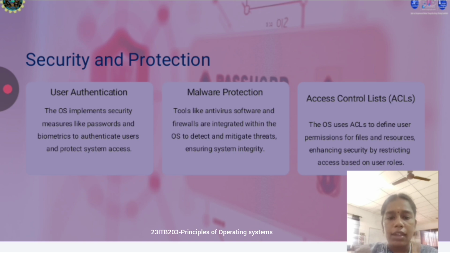Tools like antivirus software and firewalls are integrated within the OS to detect and mitigate threats, ensuring the system integrity. Third one, access control list. The OS uses the access control list to define the user permission for the files and resources, enhancing the security by restricting the access based on the user roles.